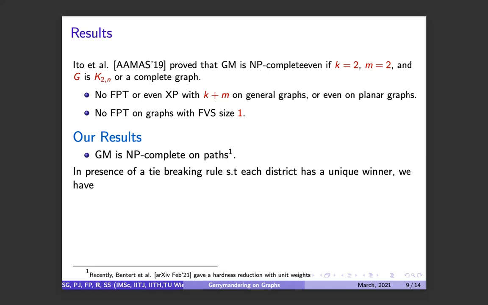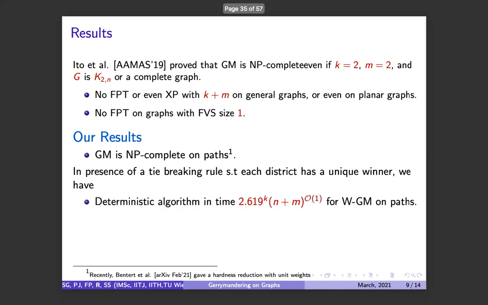Based on some rule, you define a tie-breaking rule, so that it gives you a unique winner for each of the districts.